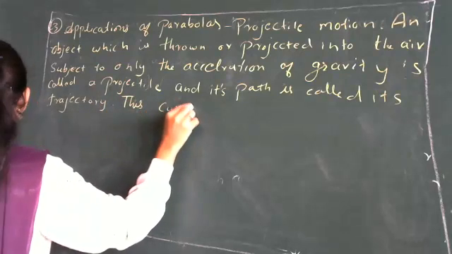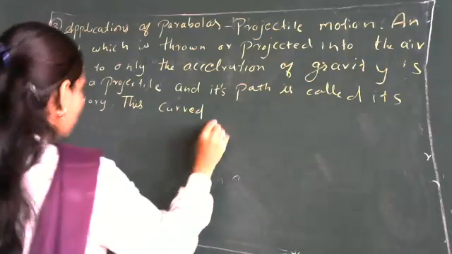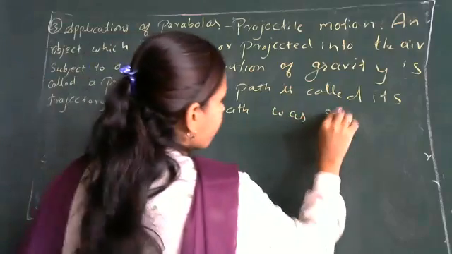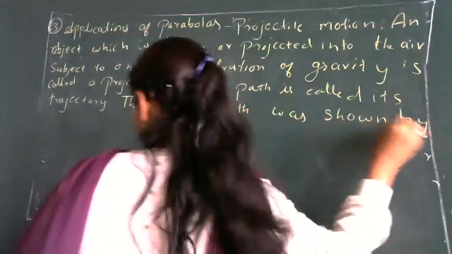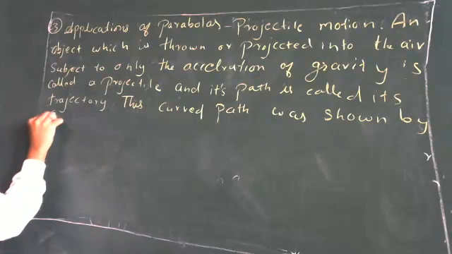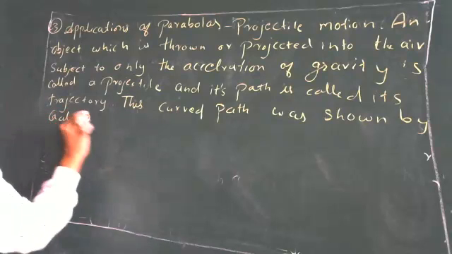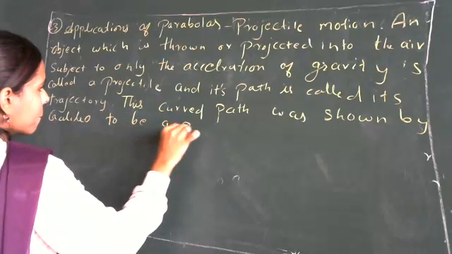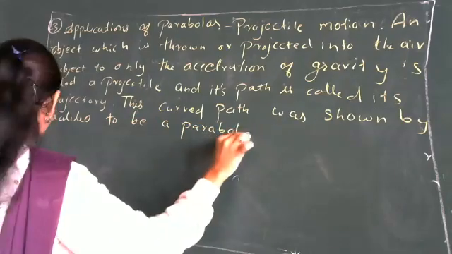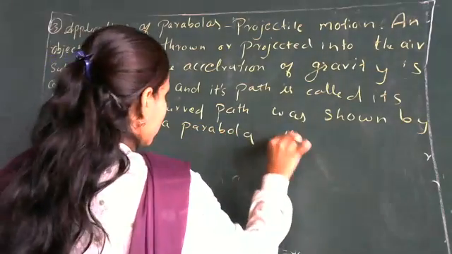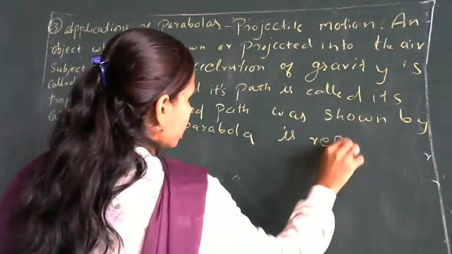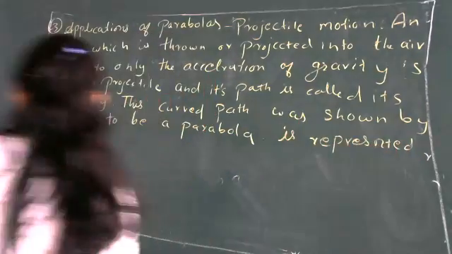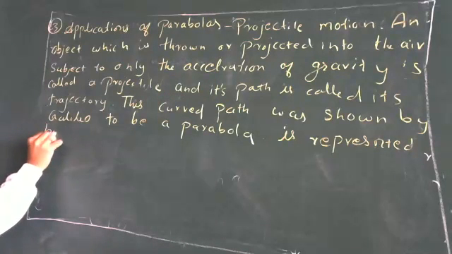This curved path was shown by Galileo. It is represented by a polynomial.